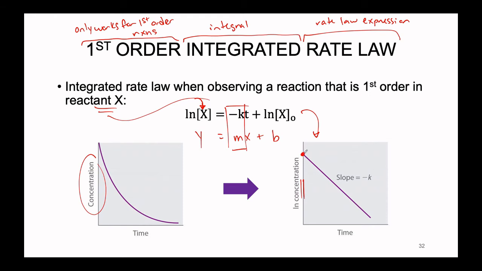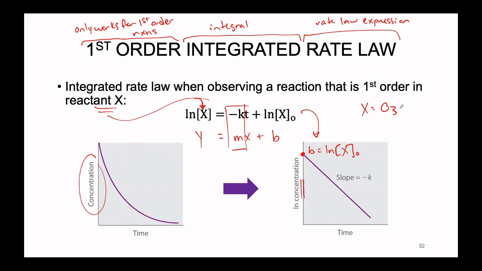Similarly, our y-intercept, our b here, is equal to the natural log of the initial concentration of our reactant. In the previous example, X would be equal to O3, because that was the reaction we were working with, but this could be any one of our reactants if the reaction itself is first order in that reactant.